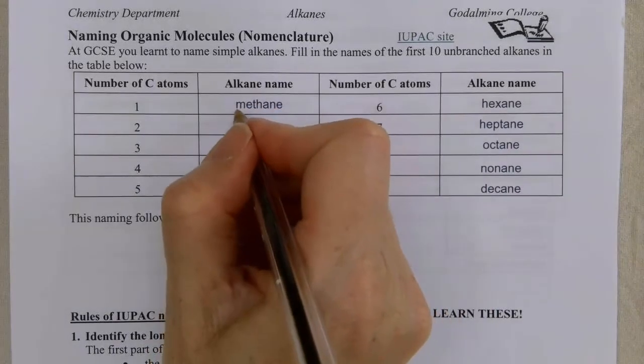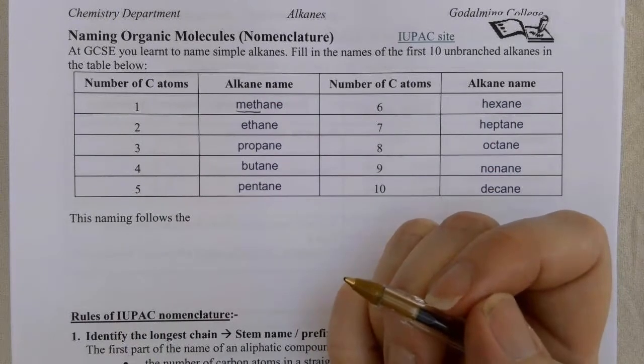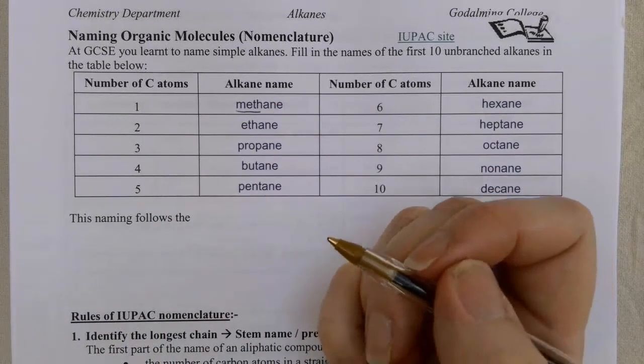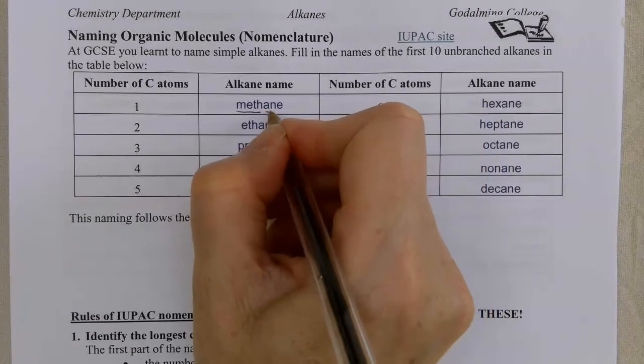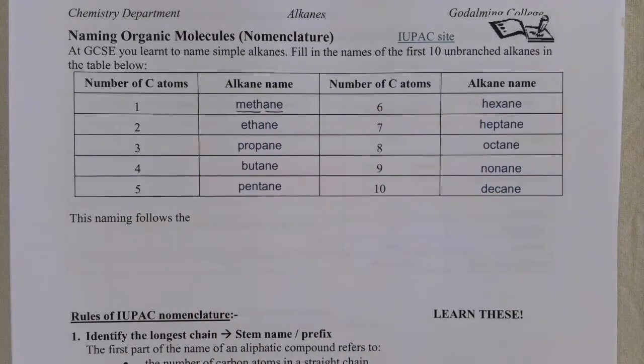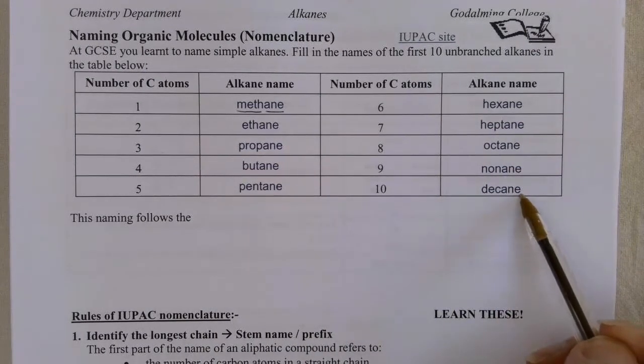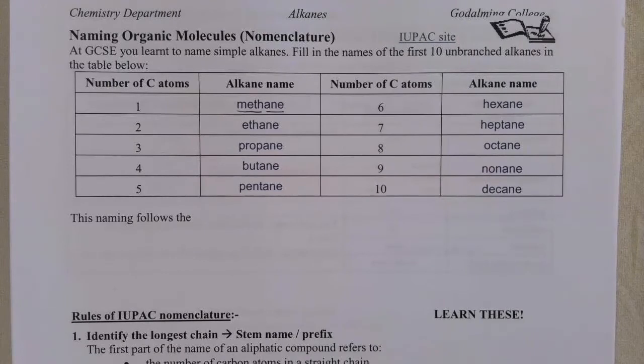The first part, meth, for example, gives you the number of carbon atoms present. The second part of the name, ane, tells me the functional group that I'm dealing with. So you should notice that all of these end in ane. That tells me that they belong to the homologous series of the alkanes, and they all have the same functional group.